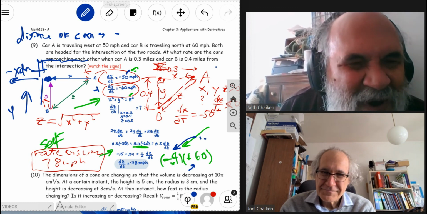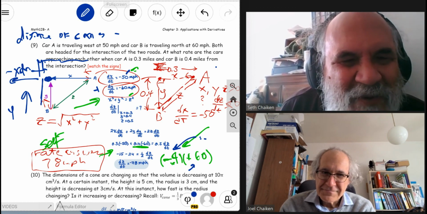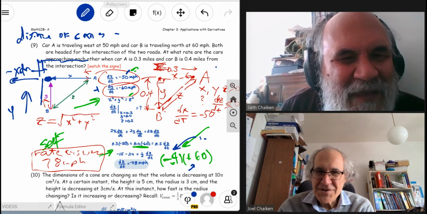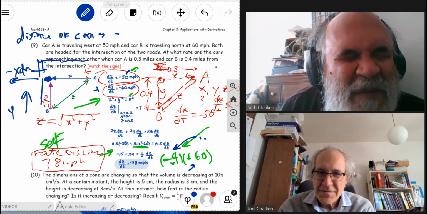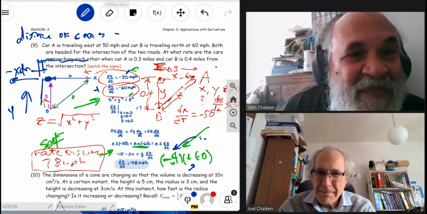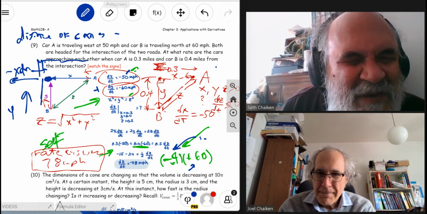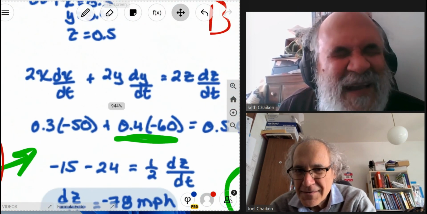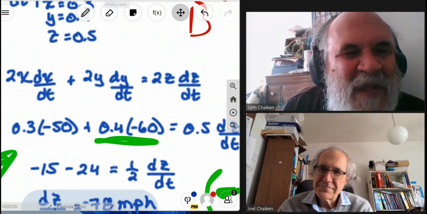Consider this equation here. Maybe you could zoom in on it. Which equation? The one that says 2x dx dt plus 2y dy dt. Sure. Zoom in on that. Great. So look at this equation.